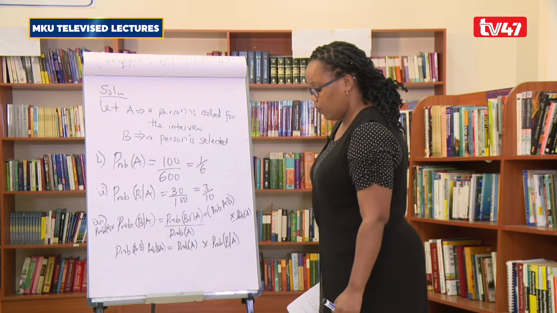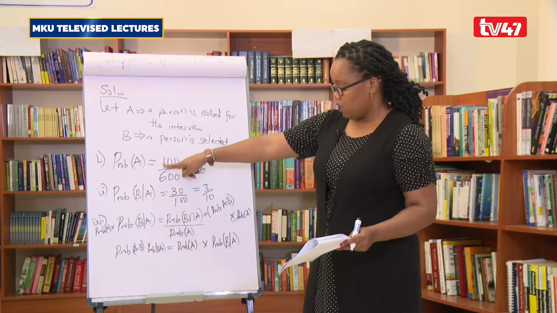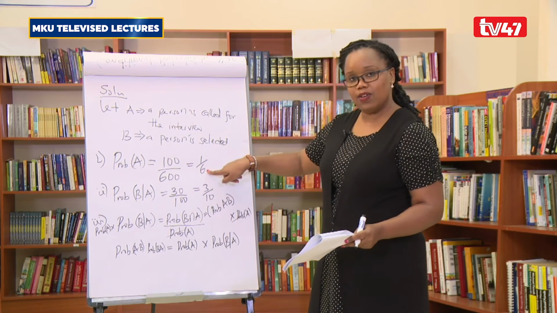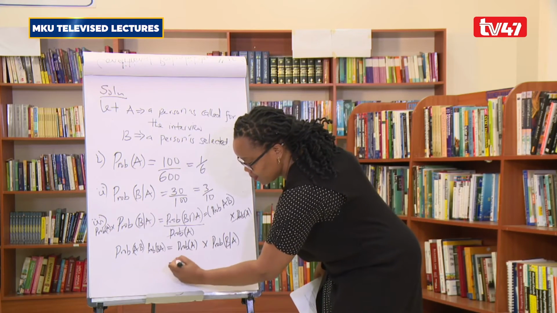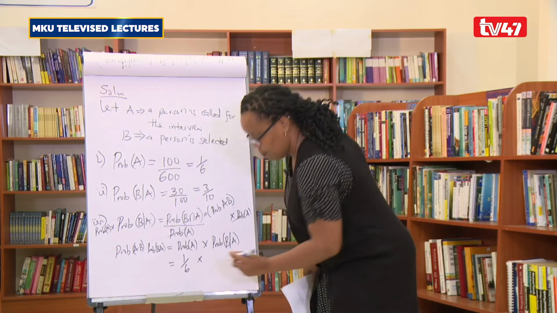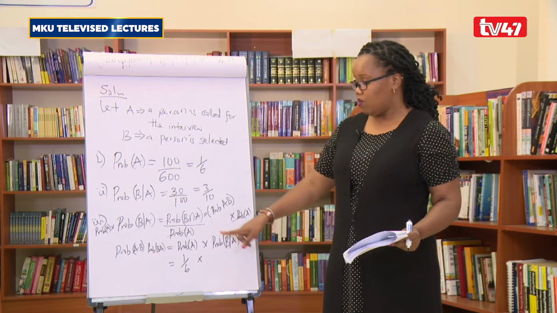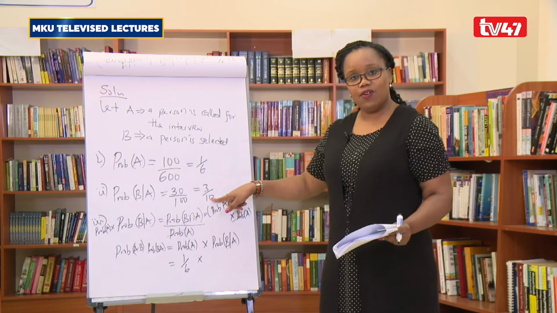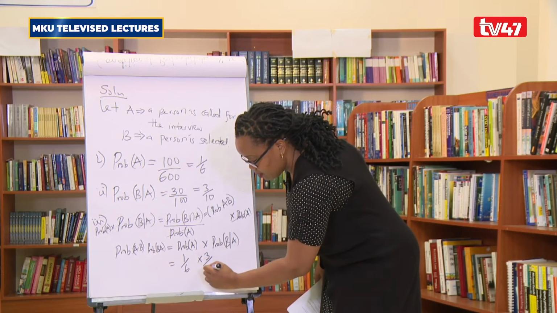Okay? Now, if you look at probability of A, we have already calculated it and gotten what? 1 over 6. So, 1 over 6 multiplied by, beautiful, probability B given A, we have also already calculated it, which is 3 over 10.